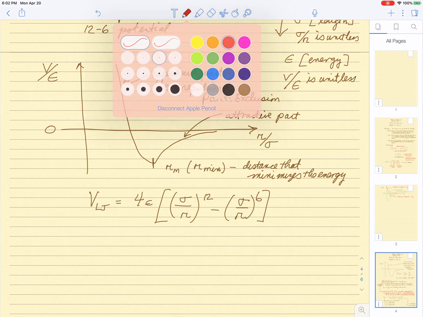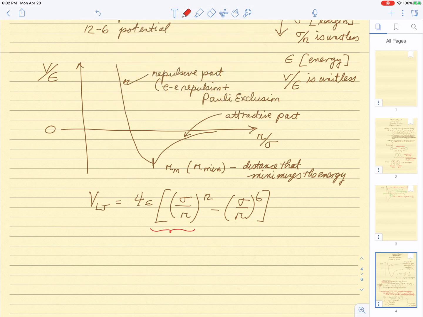This part is due to electron repulsion plus Pauli exclusion.